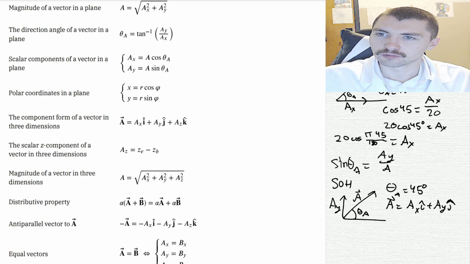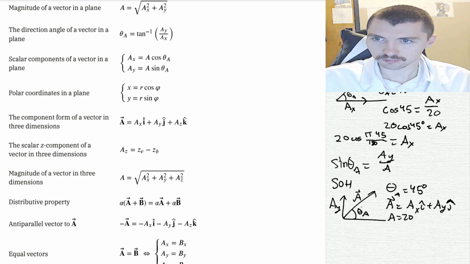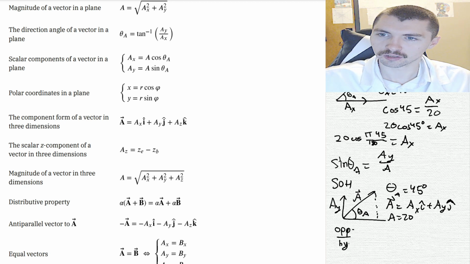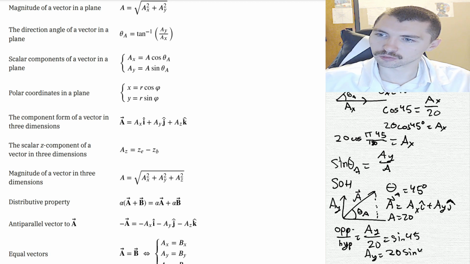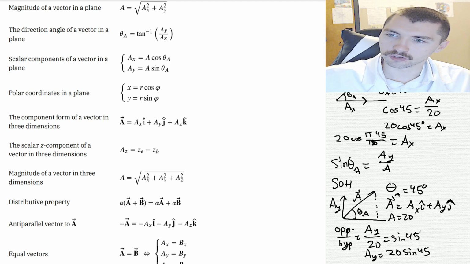Okay, so if we know the magnitude of A is 20, sine is opposite over hypotenuse, so we mirror this. We don't know AY, but we know A, 20 sine 45, so AY equals 20 sine 45 degrees.